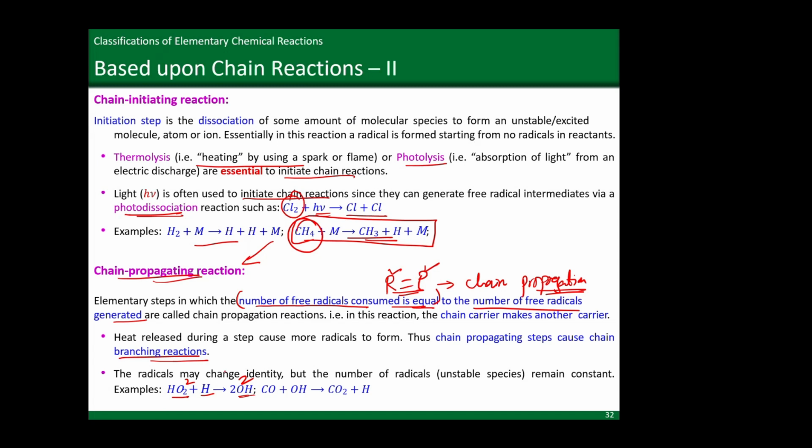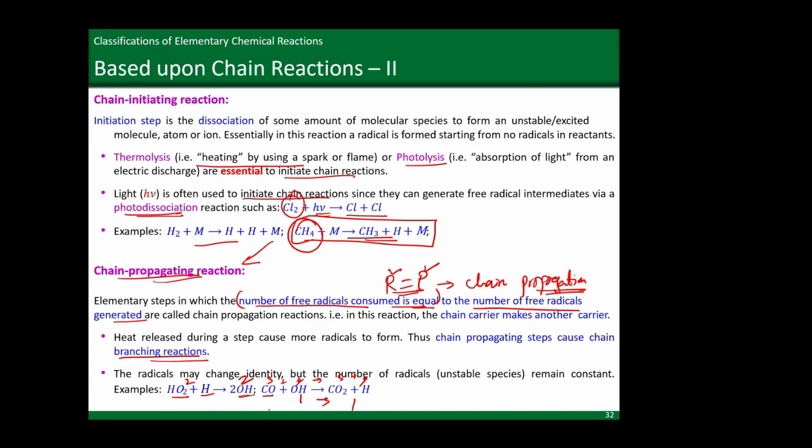It's a chain propagation, right? Another example, you have CO, which is a stable intermediate, plus a radical, OH*, giving rise to CO2, which is again a stable molecule, plus a radical, which is an H atom. So you can see you had one radical on the reactant side, one radical on the product side.